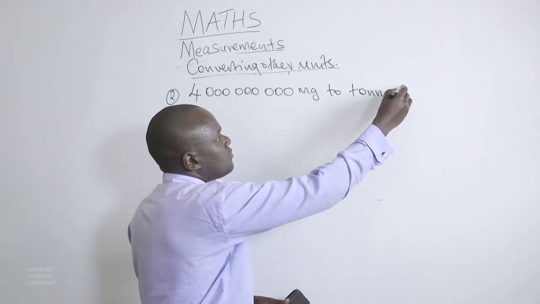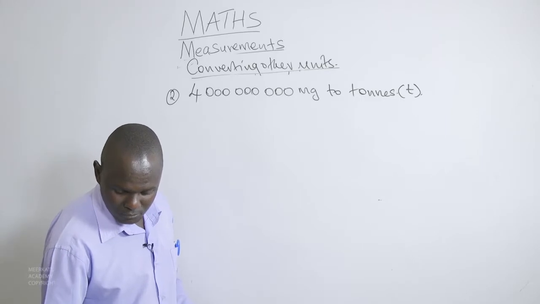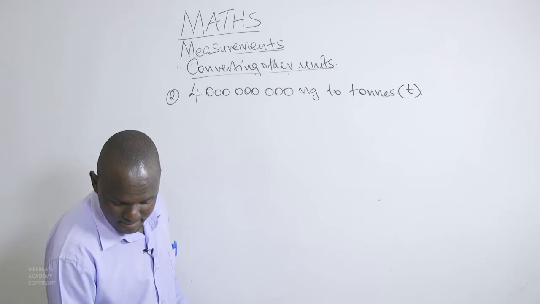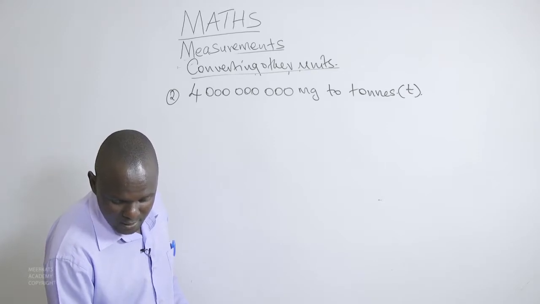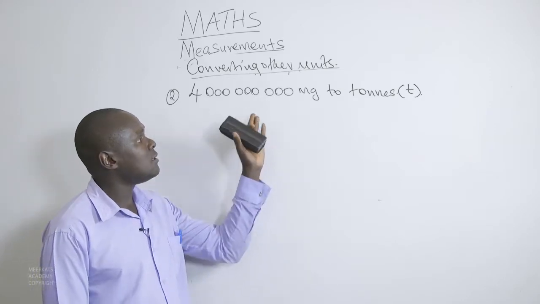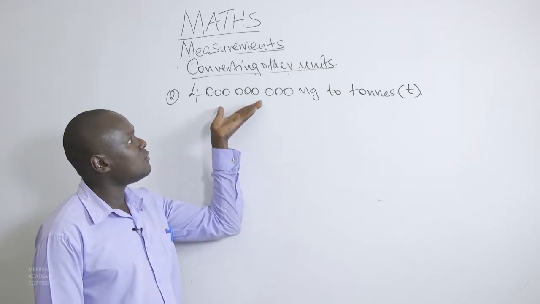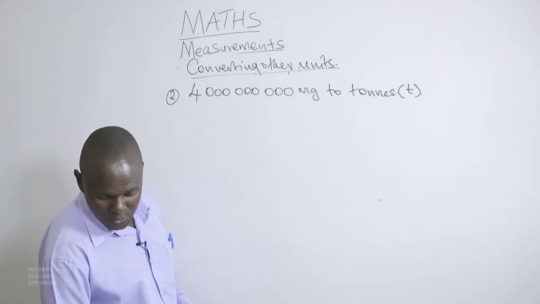Tons is denoted by T. This is in terms of giga milligrams. We want to convert from 4 giga milligrams to tons.